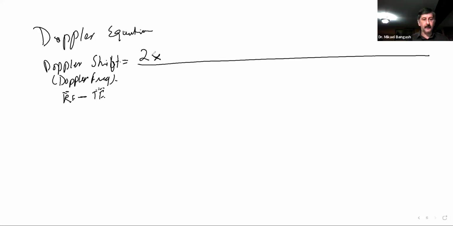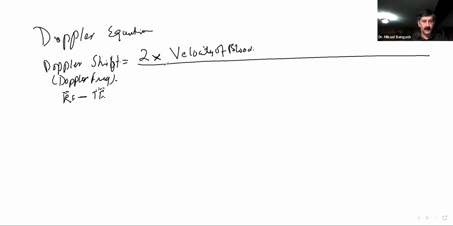Now, the next thing that we will see is the velocity of blood. Since blood is flowing, it is moving at a certain speed in a certain direction.